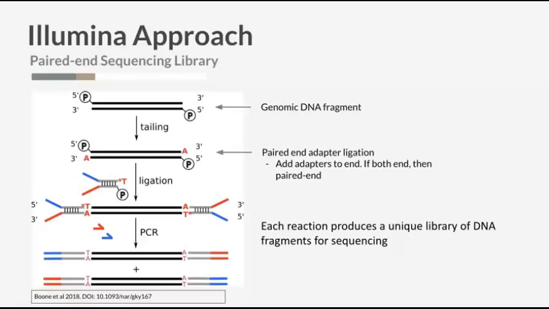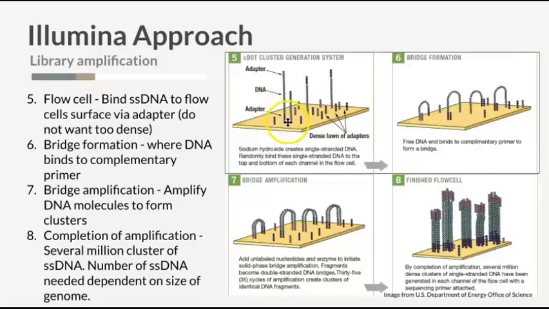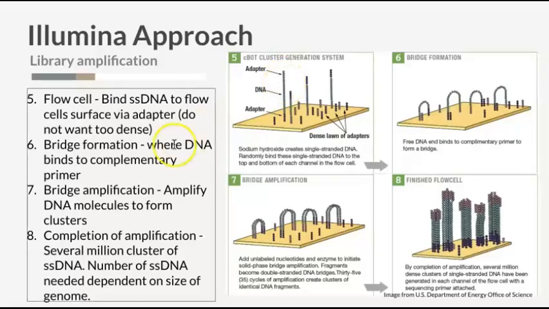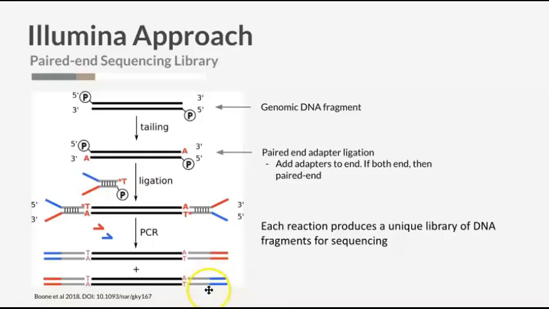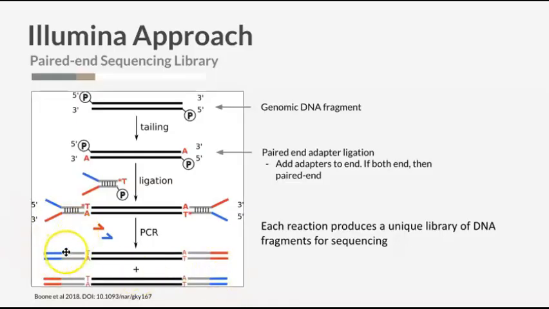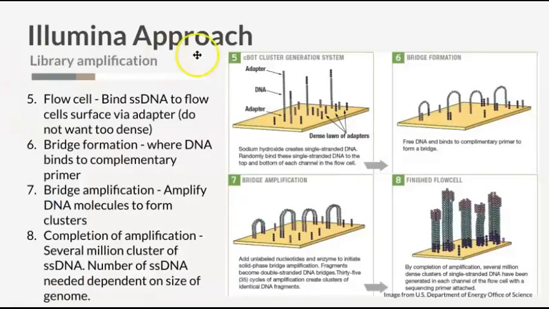I might not have made it clear at this step that having adapters on both ends is not exactly the reason why you would call it pair end. It's pair end right here because we have one read where we have these adapters, we'll just call them blue adapters, on this 5' end side, and the same blue adapters on the 3' end. You need adapters on both sides in order to form this bridge formation.